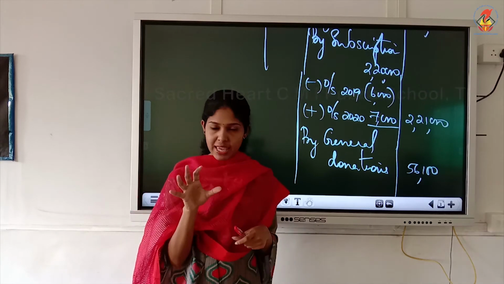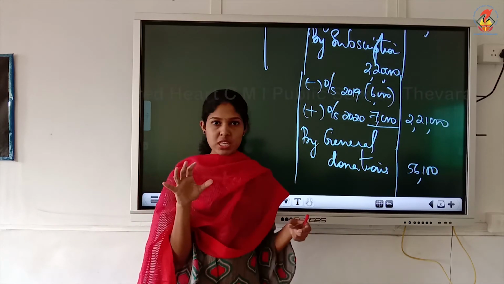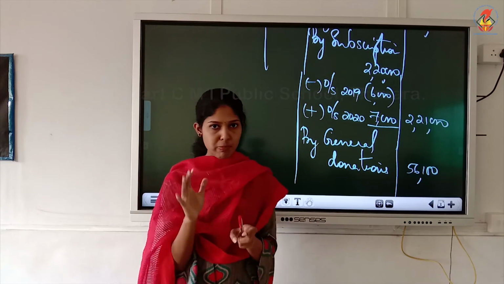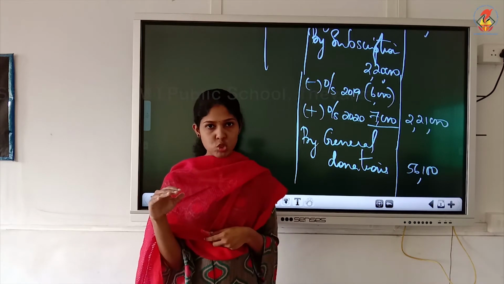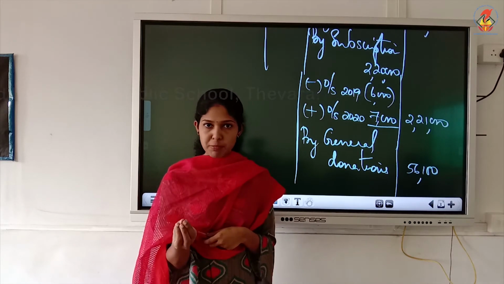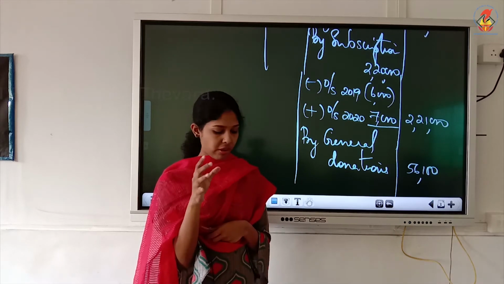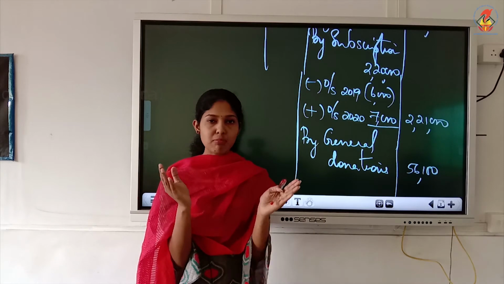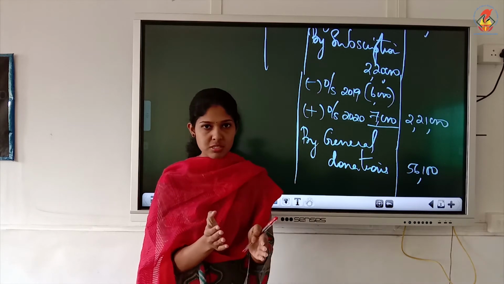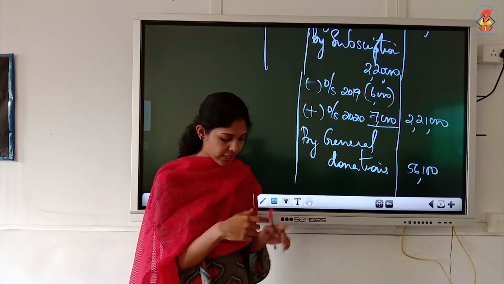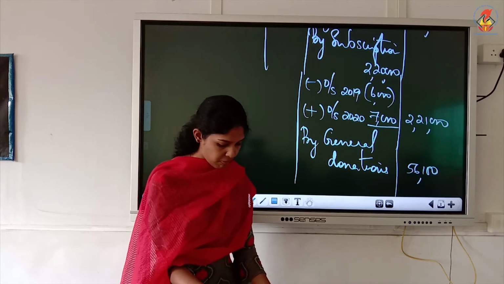So that's the meaning of legacy, and here nothing is mentioned, the purpose is not specified, that means it is general. If it is for general purpose, you can write it here, you can consider it as revenue. Or if they say like legacy donation within brackets, if they specify the purpose also, don't take it here. Here we can write since nothing else is mentioned.